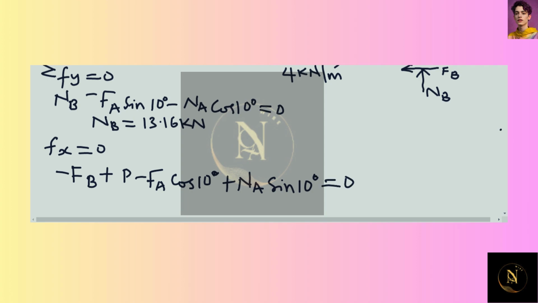When you solve this, you are going to have your P equal to 5.53 kilonewton. So this is the force that is required to pull out the wedge.